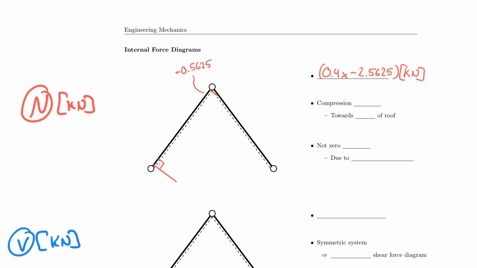And now I can connect my dots, if you will. And it makes hopefully perfect sense that the compression gets more and more as you come to the bottom of the rafter. And now we see that it's actually in compression, and the compression is increasing.